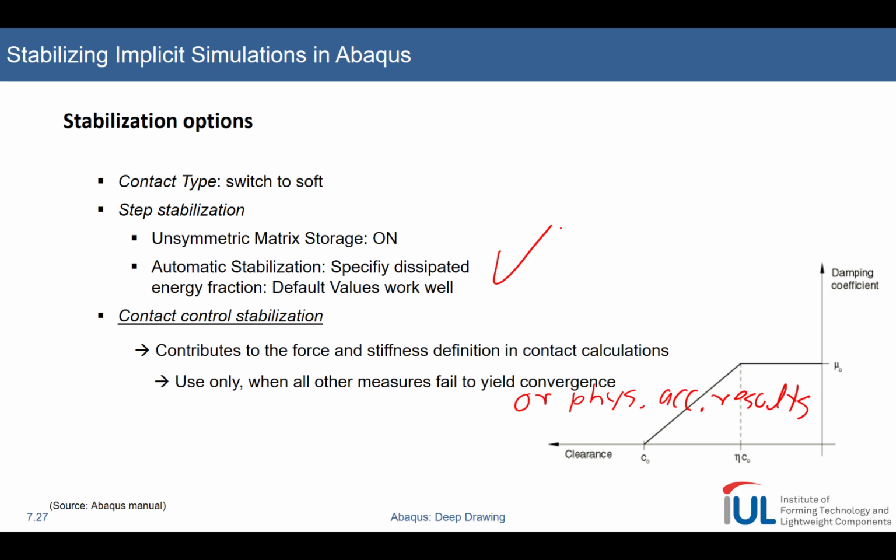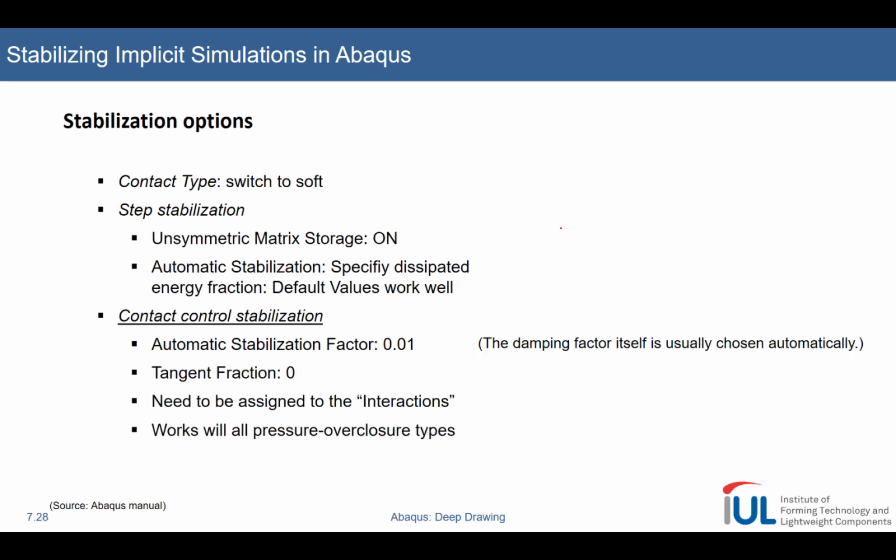So in this case, maybe activating your contact control might actually lead to better results. So how do we do it and how do we specify it? To every contact interaction definition, we can add this contact control definition, and there are certain default values. We'll talk about this in a bit, but you can also tweak them.